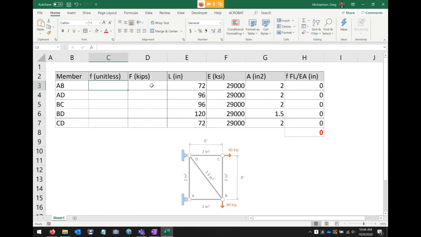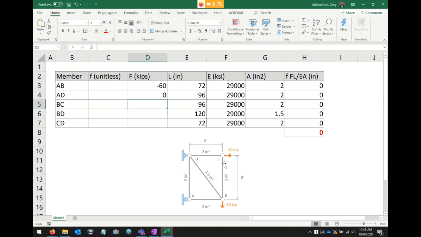All right, so we got our unit list values, and then we have our real forces in kips. And so let's just start writing that out. Now, member AB, that's the member on the bottom, and that was in compression. So we're going to say minus 60. Member AD, that's the vertical member right here. So that was 0.